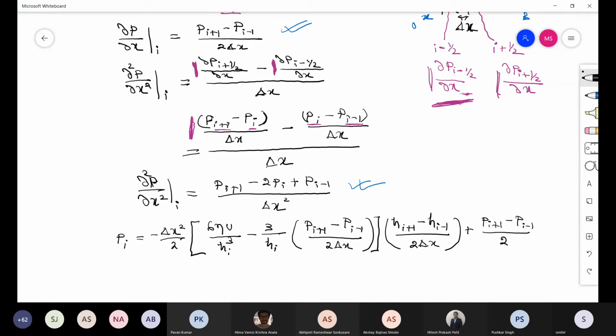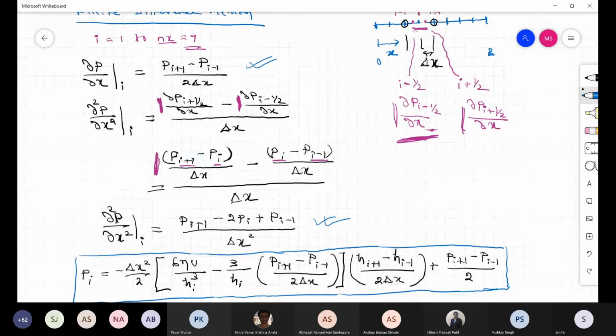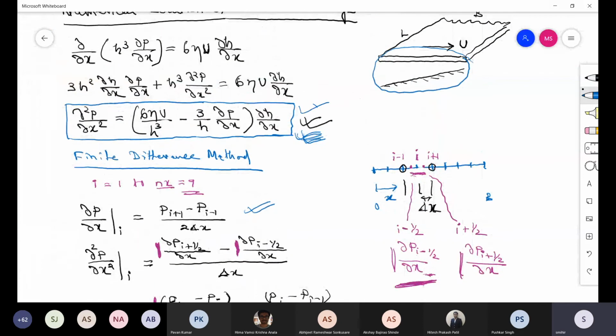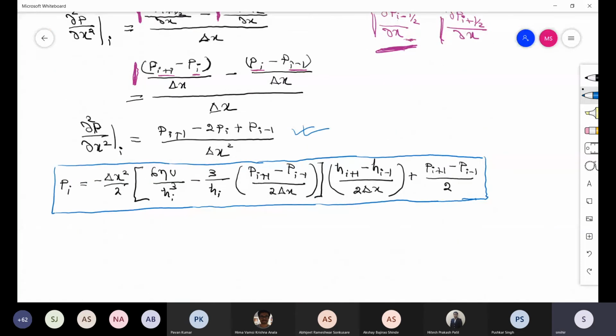So this is the equation in algebraic form that you are going to use for numerical solution. Any doubt so far? I am directly getting this expression from the earlier one while substituting del p upon del x and del square p upon del x square. You take p to the left side, and whatever remains goes on the right side.